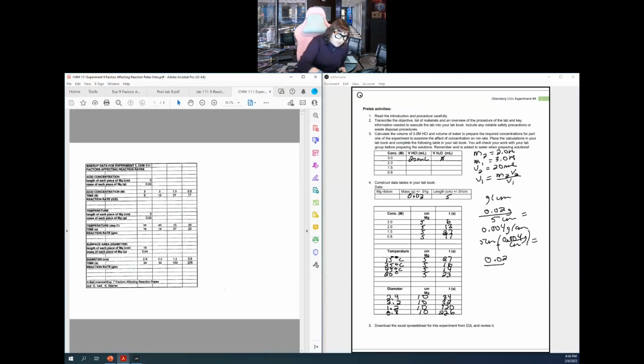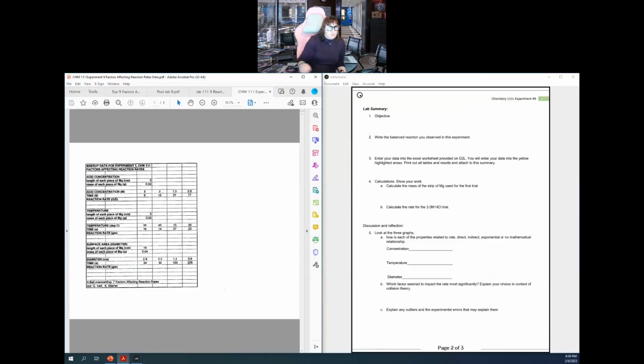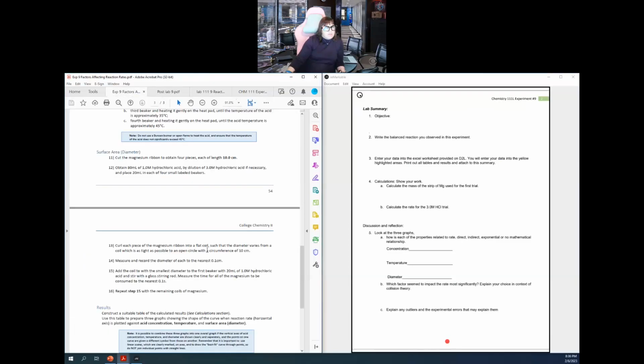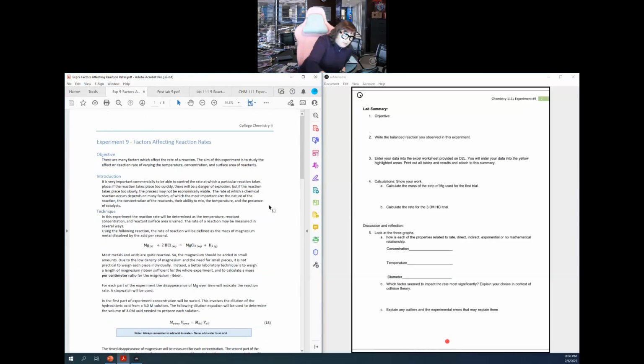When we scroll down and look at our next page in this, we're looking for our objective. Again, your objective would be found on your first page here, which, if I'm not mistaken, is 53. The balanced reaction is on page 53.